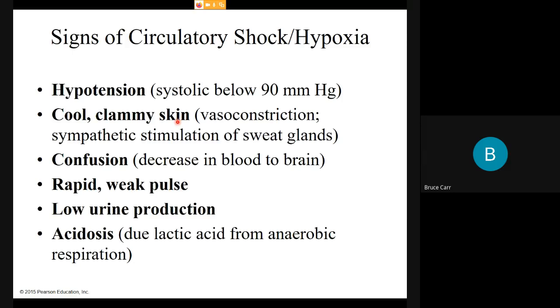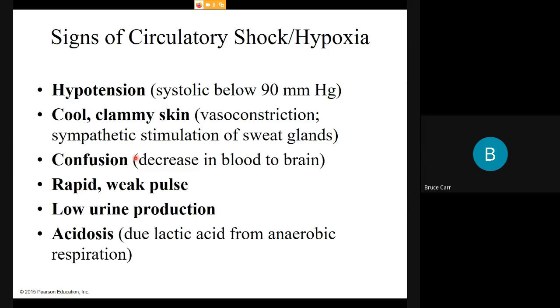Normally, when we have wet skin, it's because we have heat in the body we're trying to dump. But vasoconstriction for hemorrhage is driving the blood more to the core and away from the surface of the skin. So the skin feels cool, but sweat is being dumped as a result of sympathetic stimulation. And so that's what cool and clammy means.